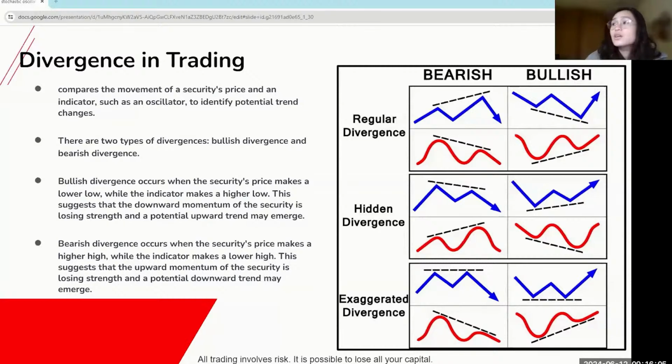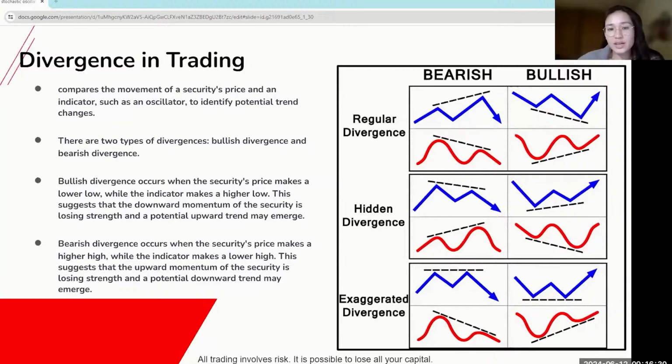So I have some examples here of bearish and bullish divergences. There are regular, hidden, and exaggerated divergences, but let's firstly focus on our regular divergence. So your bullish divergence occurs when the security's price makes a lower low, while the indicator makes a higher low.